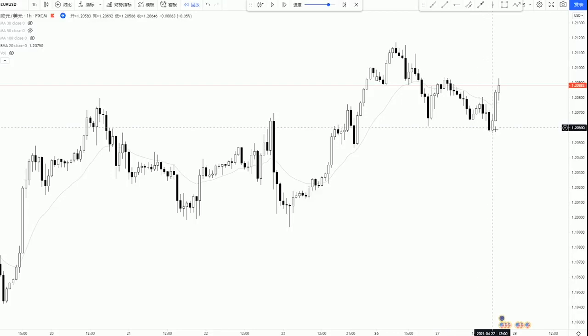The rise in the second period, as I mentioned again and again in the course, is the continuation form of the correction. The rise in the second period is the continuation of the rise trend in the first period, and the continuation form has stopped at the previous band point, which is the expression of the lack of rising energy. Here is the logic of your first short position.